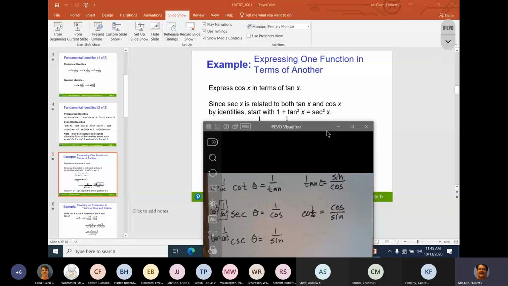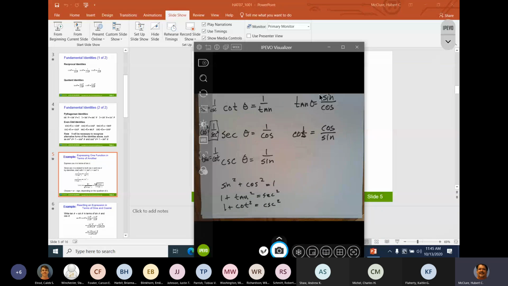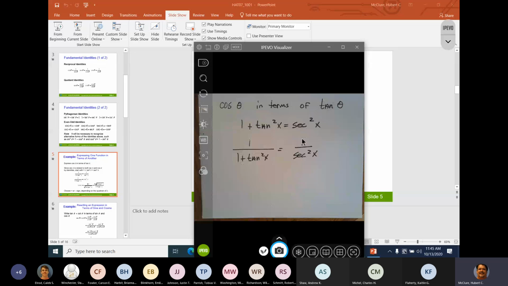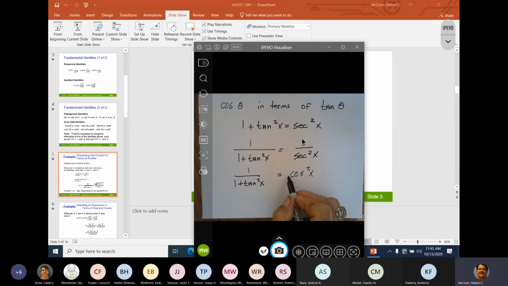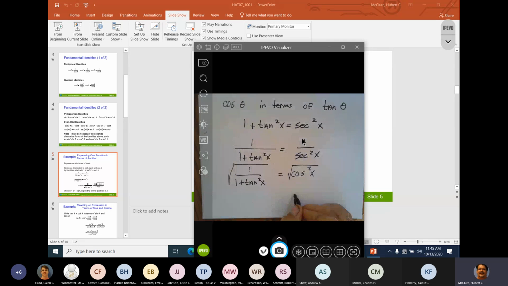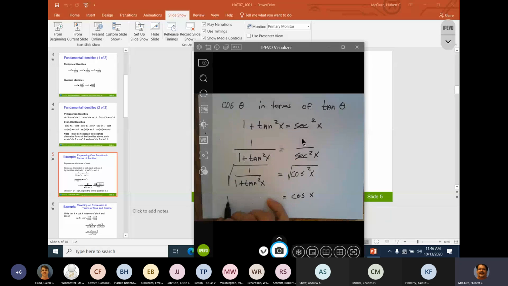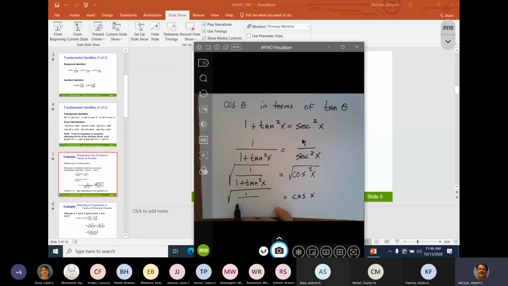I've got cosine squared is equal to 1 over 1 plus the tangent squared, then I take the square root, and cosine of x is equal to the square root of 1 over 1 plus the tangent squared of x.